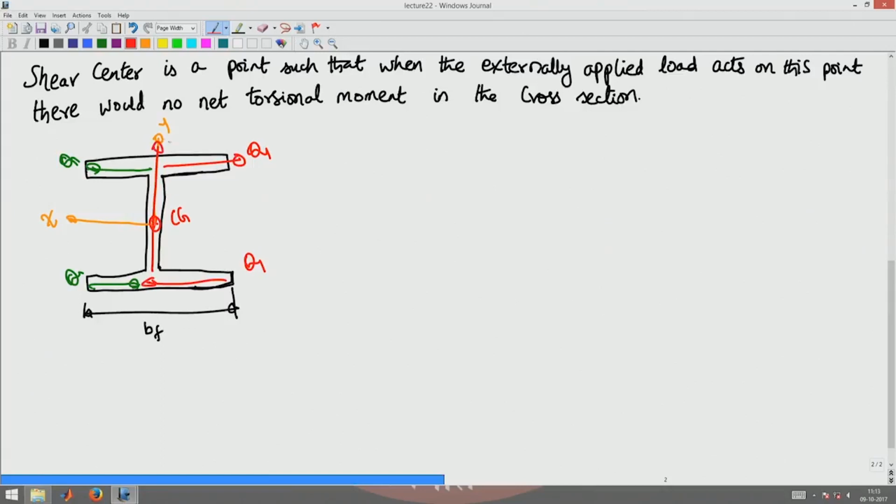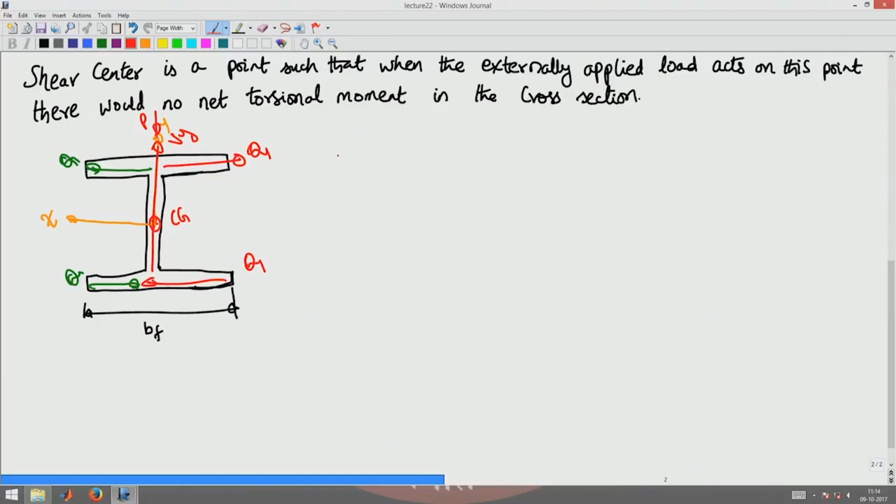The shear stress gives a Vy acting like that, a vertical shear force. To balance that, there will be a shear force externally applied in this cross section at the CG, so it will also act through the CG of the cross section. So there will not be any torsion produced in the cross section if the load acts along the CG of the cross section. This happens for all symmetric sections loaded about the plane of symmetry.